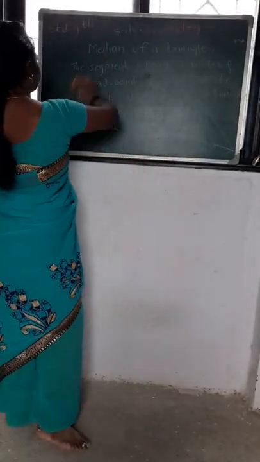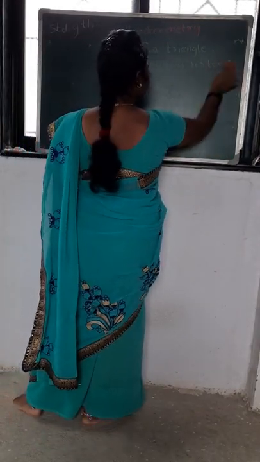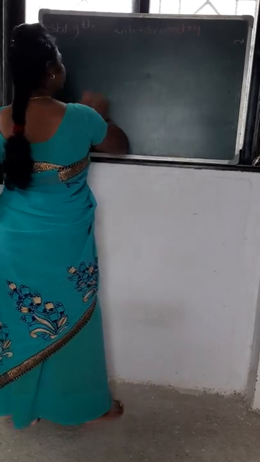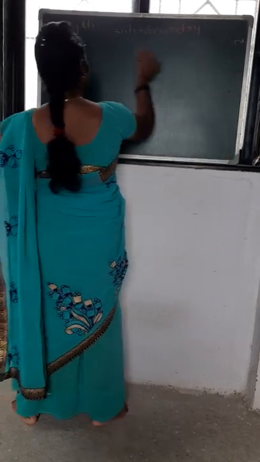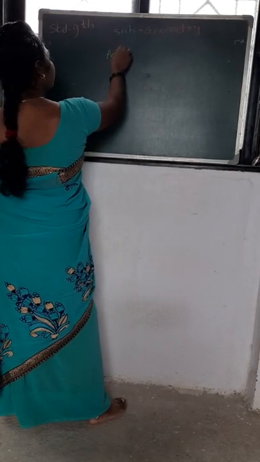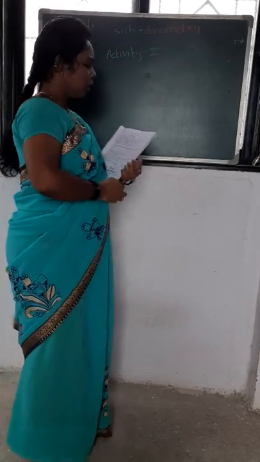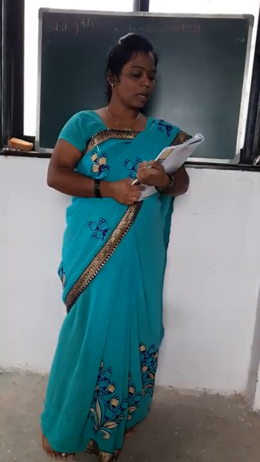Then we have given two activities. First activity. Draw a triangle ABC. Draw medians AD, BE and CF of the triangle.